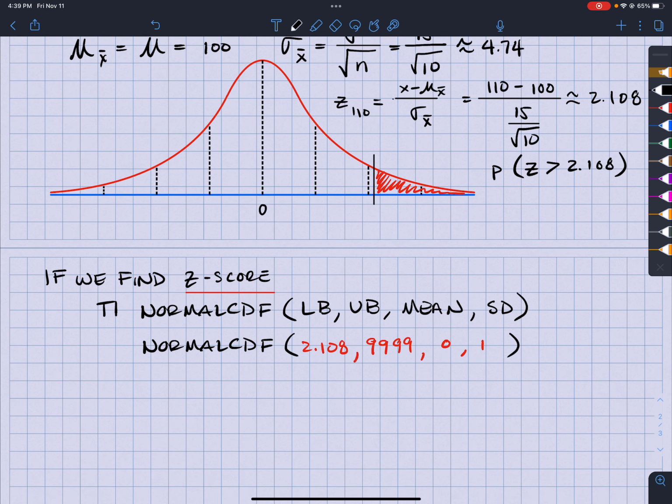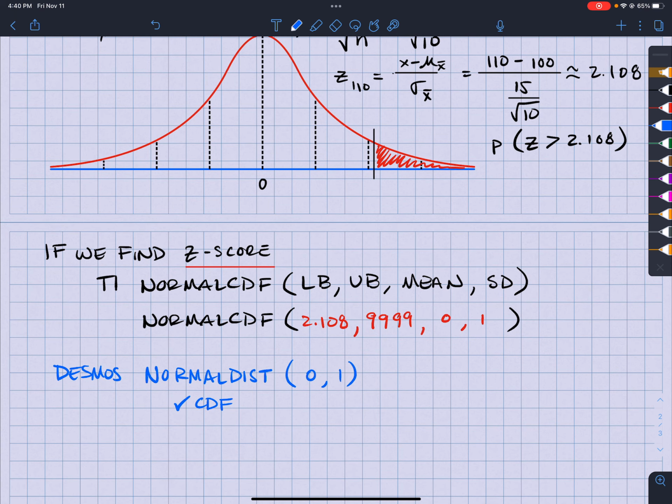On Desmos, what you would do is choose the normal distribution, and put 0, comma, 1 for the mean and standard deviation. Then you check the CDF, and for the minimum you'll put 2.108, and for your maximum you'll leave the infinity.